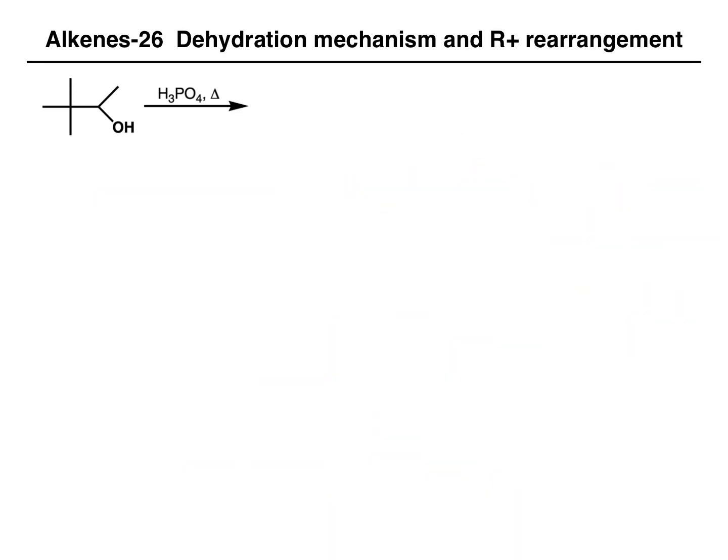In our last example, we saw that if this secondary alcohol is treated with phosphoric acid and heat, we get a mixture of products. We get this product in about 3% yield. We get this product in 64% yield, and we get this product in 33% yield.